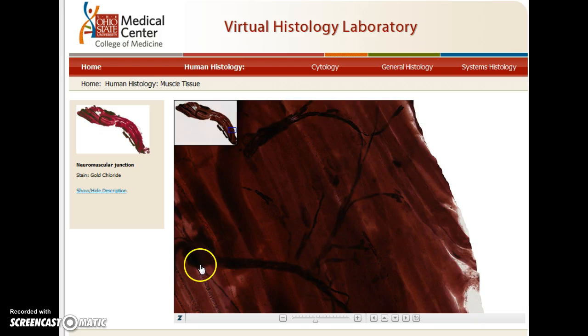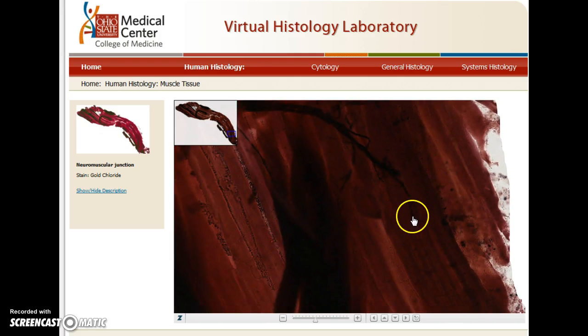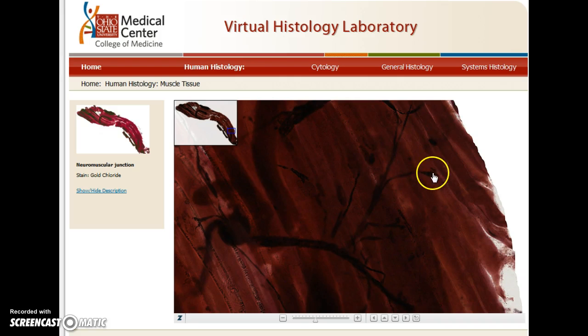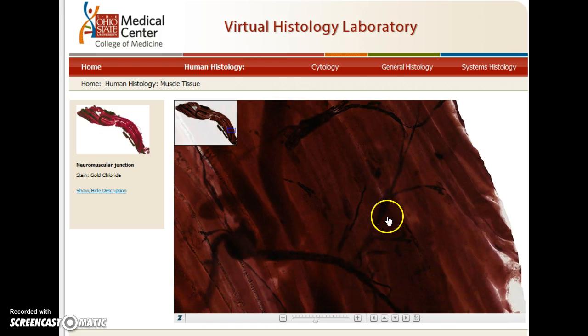And some features, this is the motor neuron, and it's always called a motor neuron when it goes to a skeletal muscle. And then it has these branches out this way. So these are all the branches still of the motor neuron. And they kind of end in these little almost button-shaped structures here. Now there's kind of another one right there, but these button-like structures. And so this is the neuron, the motor neuron, or the axon.